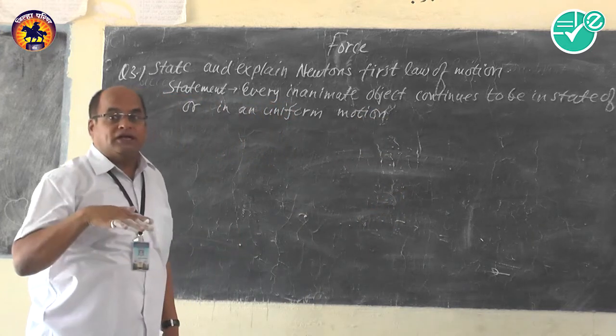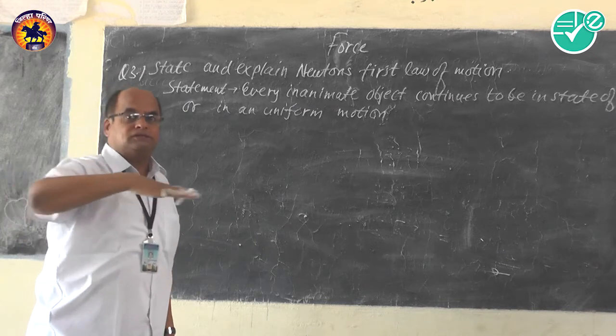Uniform means non-accelerated motion. It is moving with constant velocity.